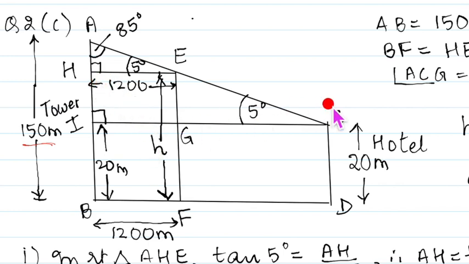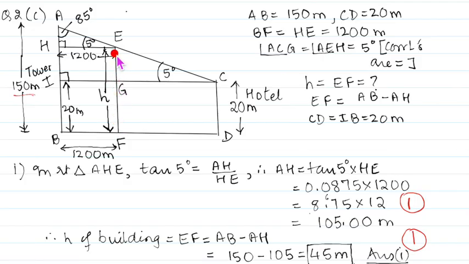Our first question is find the value of h. Now in order to get this h, remember this from here to here is the same as here to here, correct? And we know this is 1200, so this is going to be 1200, and this is going to be 1200. So I'm going to make use of this triangle.